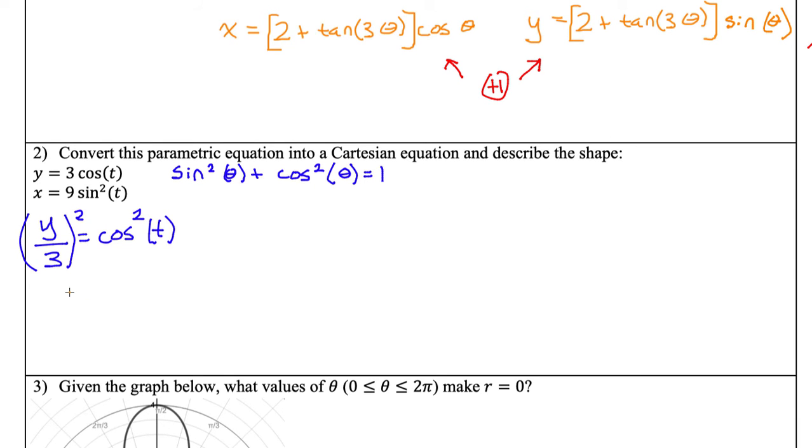For this guy, I just need to divide by 9, so x divided by 9 is equal to sine squared of t. And then from there, I just need to plug this into our formula. So this is x over 9 plus, and then cosine squared is y squared over 9, and that's equal to 1.